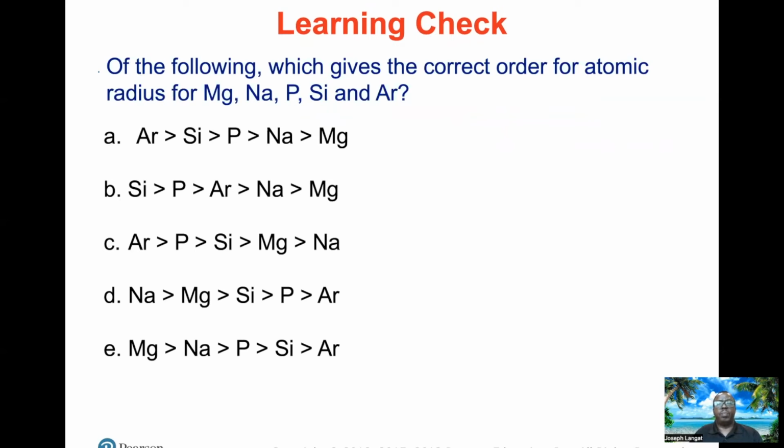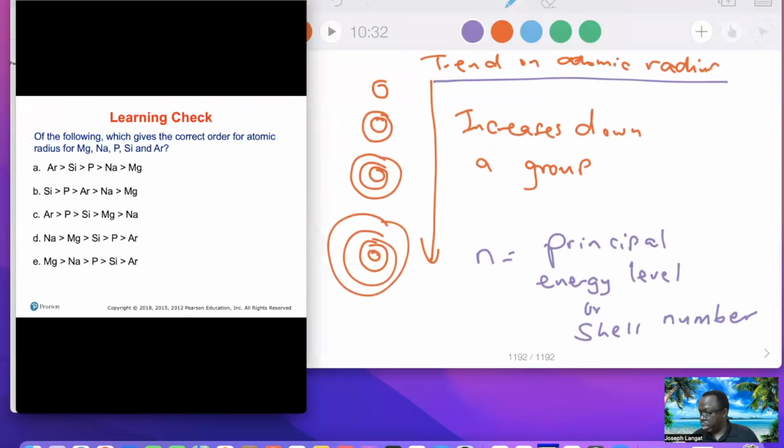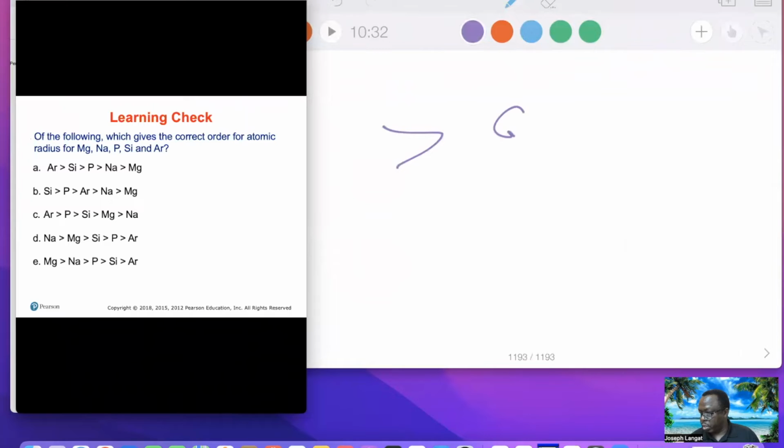You can use the elimination method here. Argon is on the far right, which should have the least, or the smallest. And remember, this means greater than, and this means less than. So argon cannot be greater than, it should be the least.